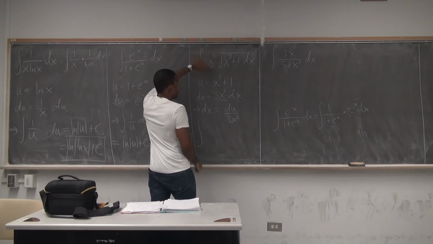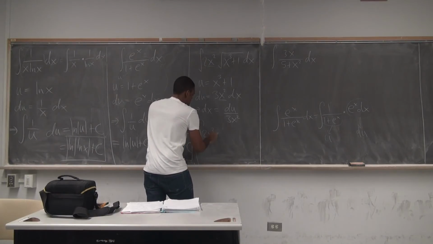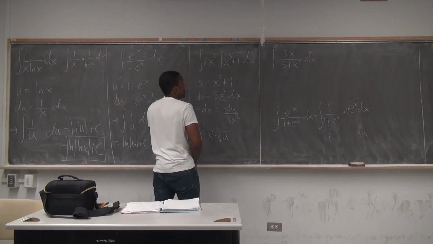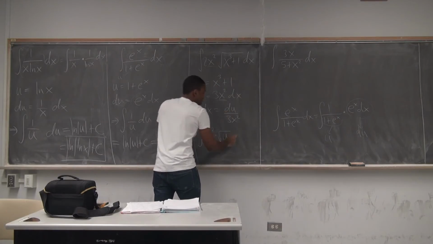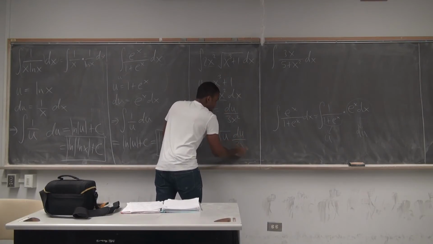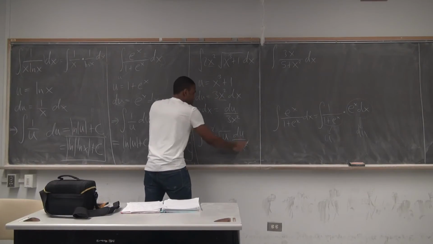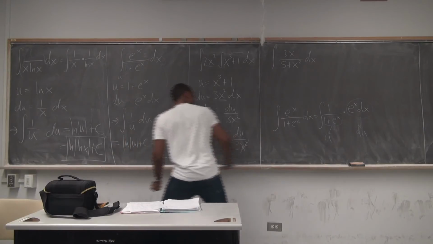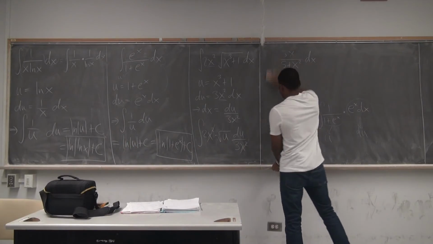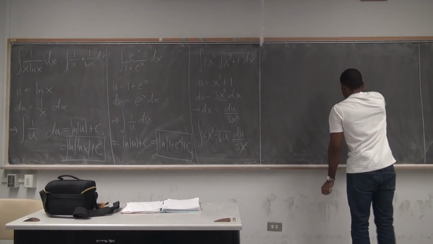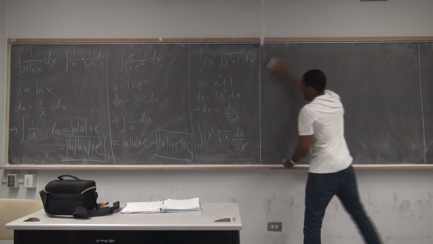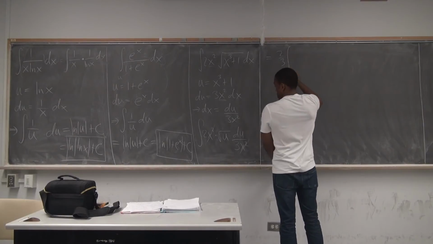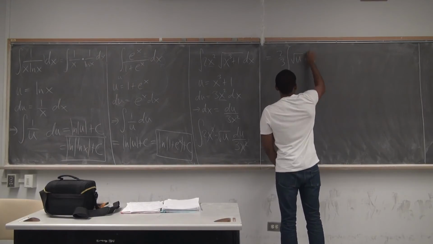And then swap things out. So here, I didn't do anything with that, that's 2x squared. This guy I replace with u, that's radical u. The dx becomes this, du over 3x squared. My x squares would cancel. My 2/3 I can factor out. 2/3 times the radical of u.